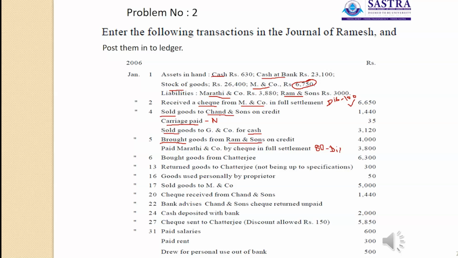Paid Marathi by check in full settlement: the amount payable to Marathi was 3,880, now the amount paid is 3,800. So 3,880 minus 3,800, 80 rupees is a discount received.